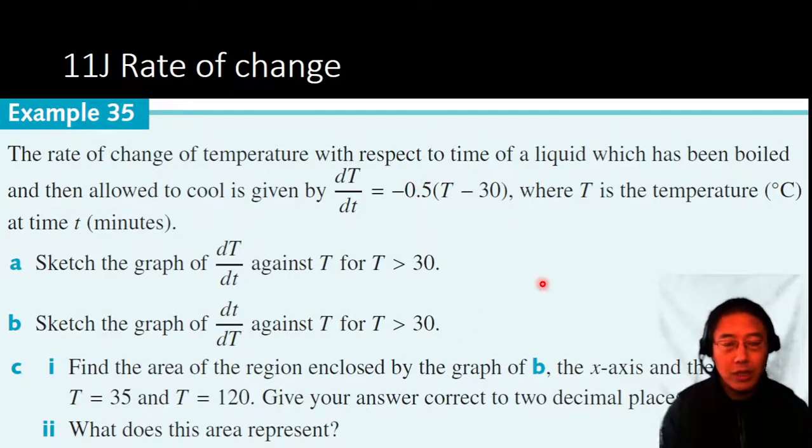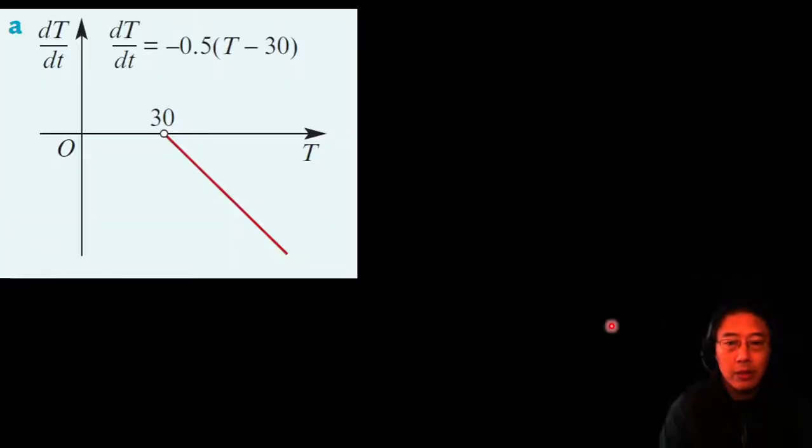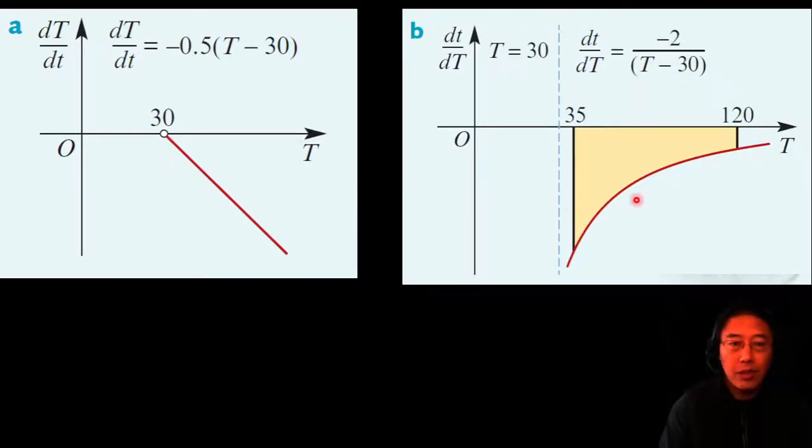The first one is just a linear graph. Notice how it excludes the x-intercept, because we're going to move on to the reciprocal.